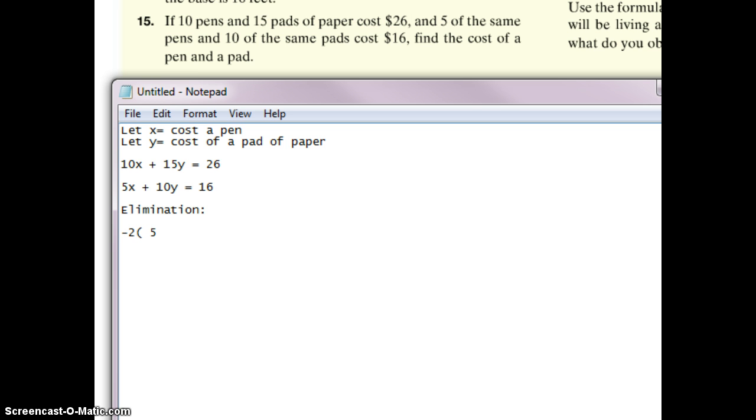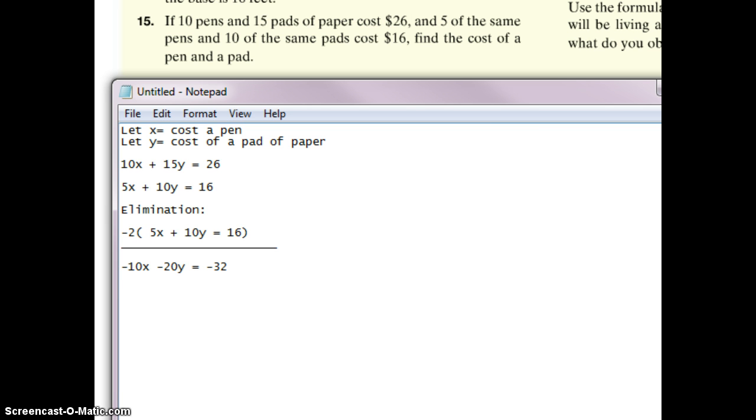So -2 times 5x plus 10y equals 16 will give us -10x minus 20y equals, and then -2 times 16 is -32.